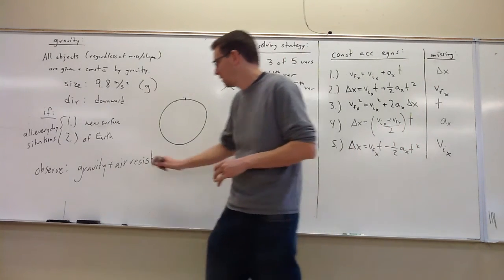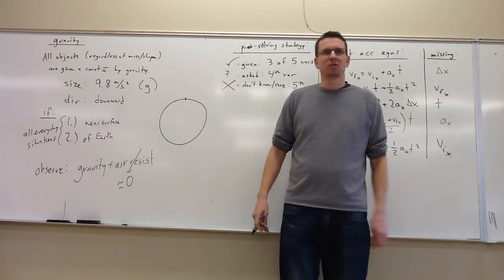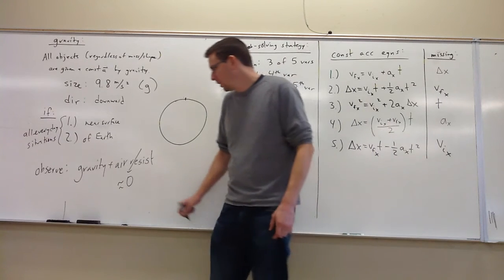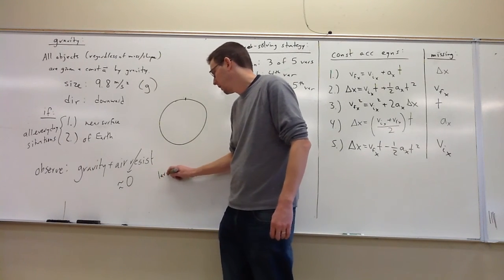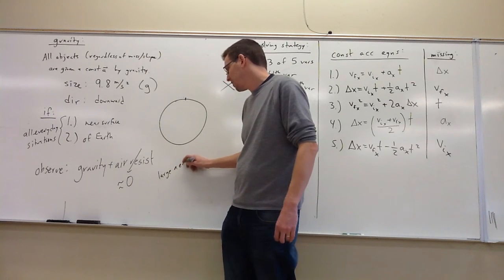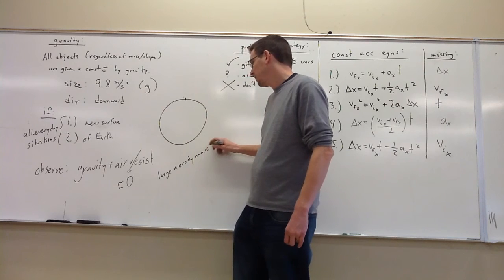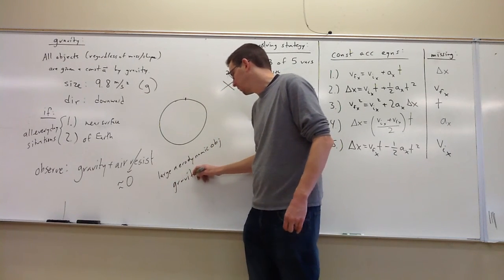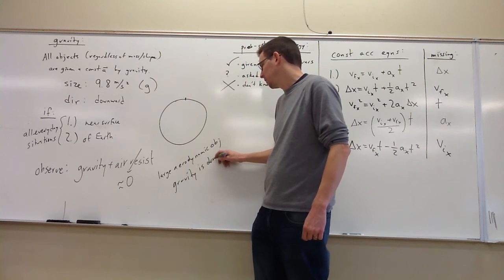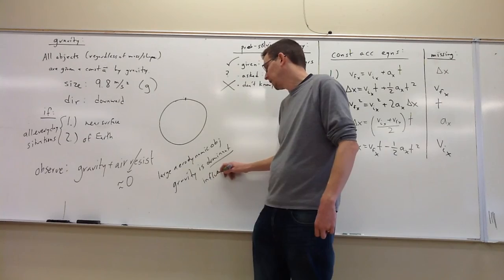So what we're going to basically do is pretend that air resistance is a negligible scenario because we're going to use relatively large aerodynamic objects where gravity, if not the only influence, is the dominant influence. Okay?